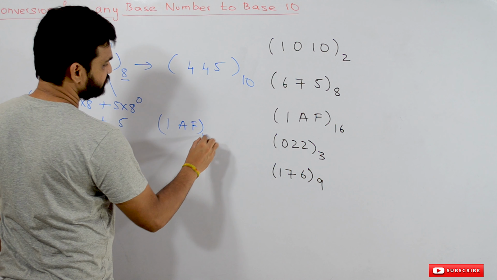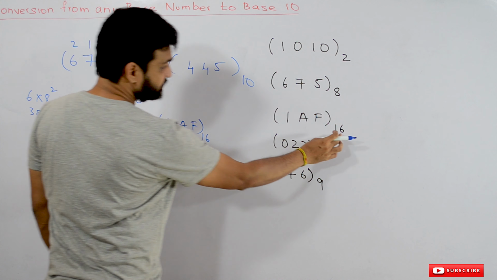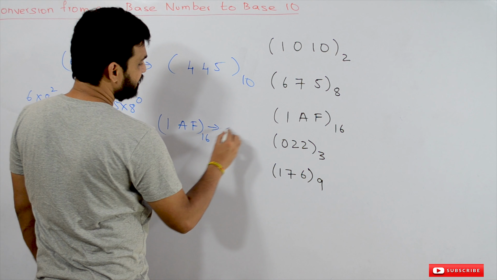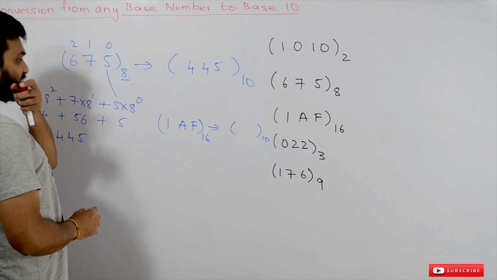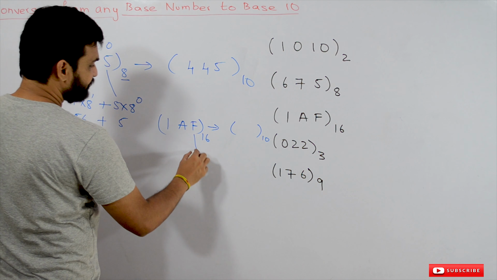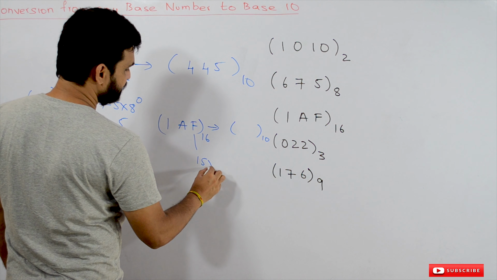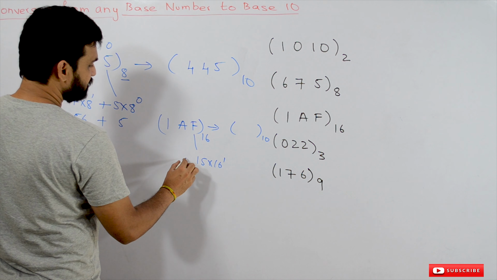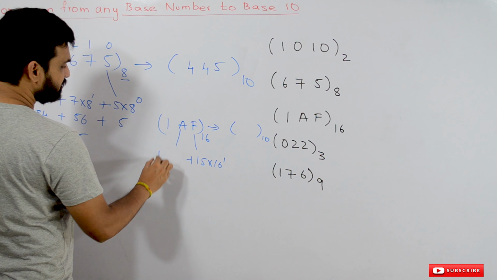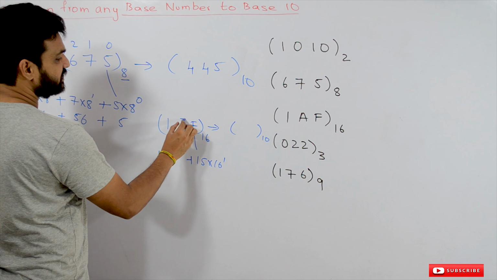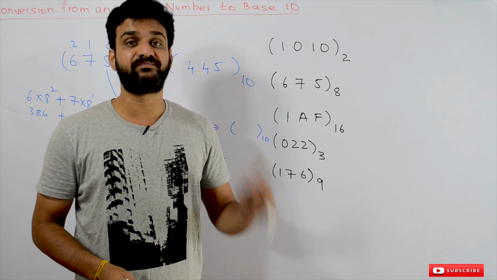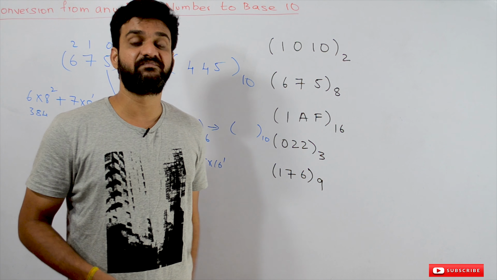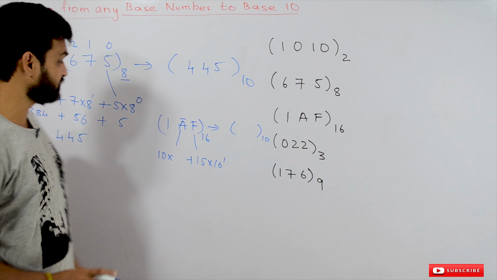Okay. Similarly, how to convert 1AF in base 16? The given number is in base 16, which is the hexadecimal number system. How to convert it into a base 10 number? F means 15 into 16 power 0, plus A means 10 into 16 power 1. The discussion about hexadecimal, octal, binary and decimal number systems has been made clearly in our previous videos.